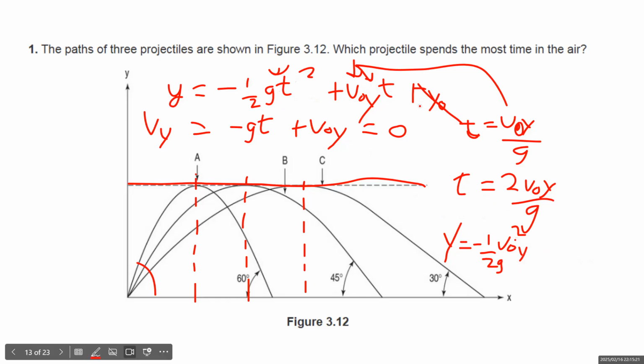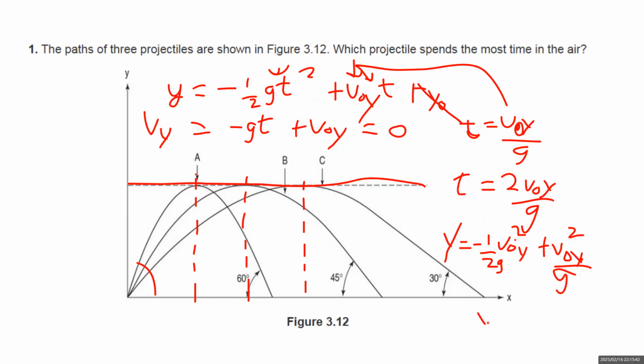And we put this in for t. This is also plus v naught y squared over g. And this is just going to be y.